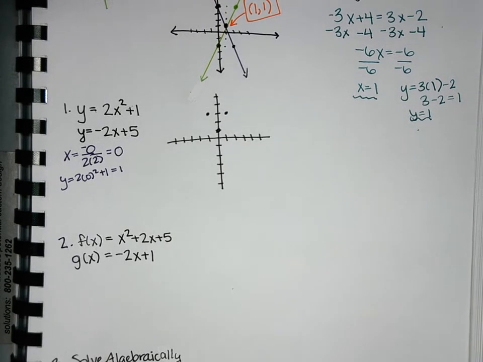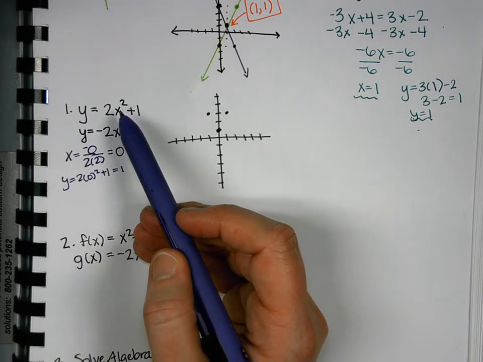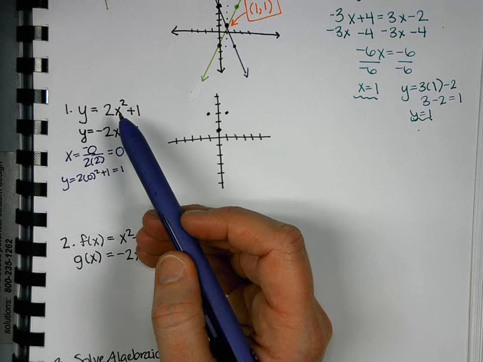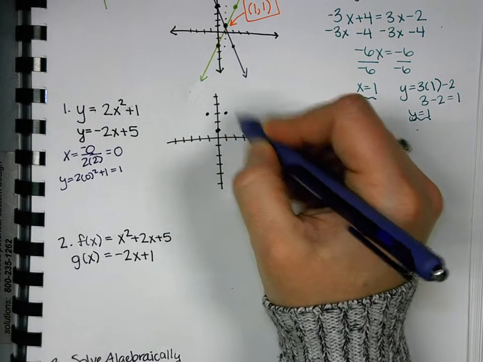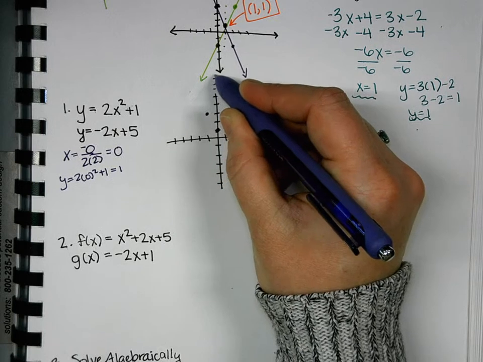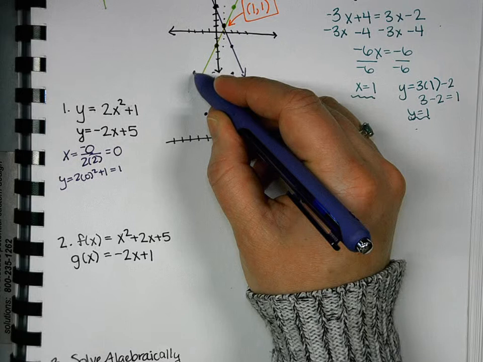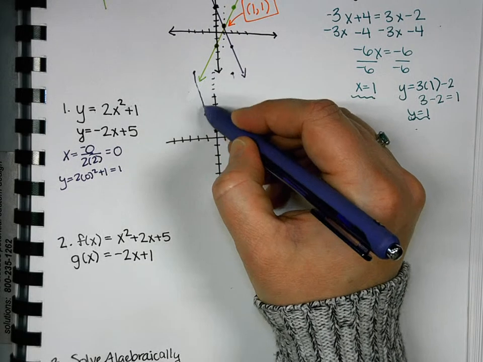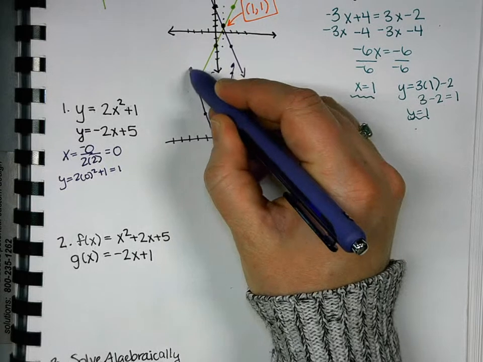What do we get if we put 2 in? So 2 squared is 4. 4 times 2 is 8. 8 plus 1 is 9. That's going to go way up off my graph here. And then you can reflect it over. So I would strongly urge that you guys do as many points as fit on your graph.